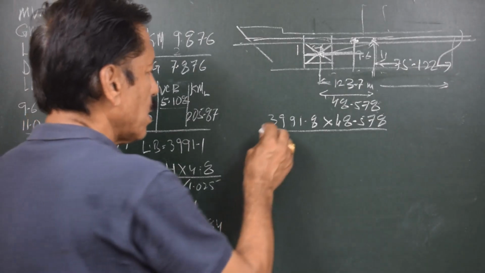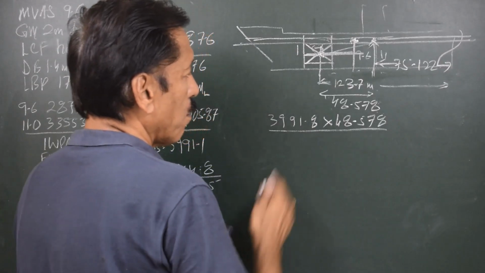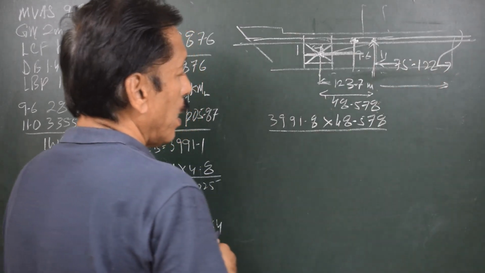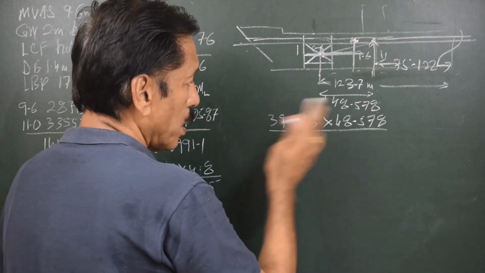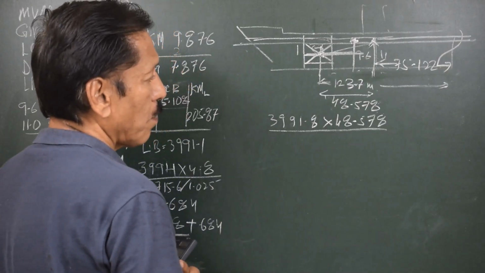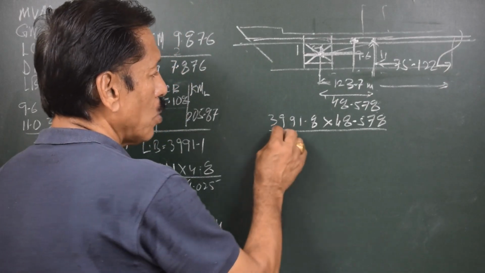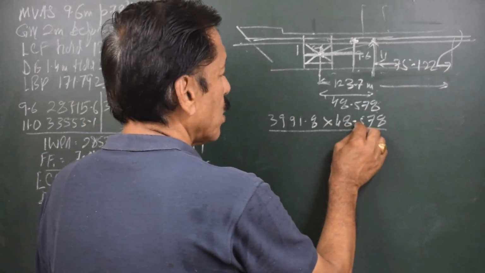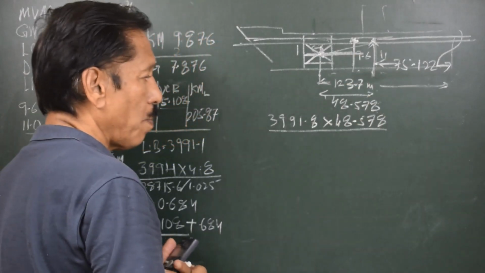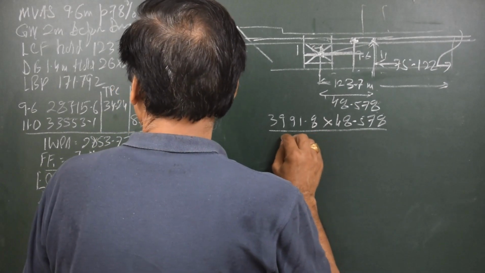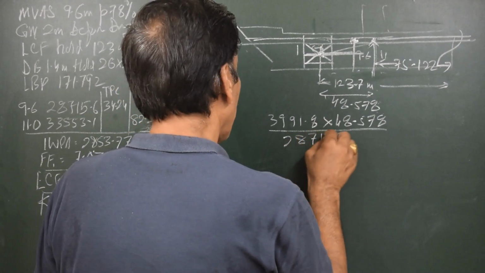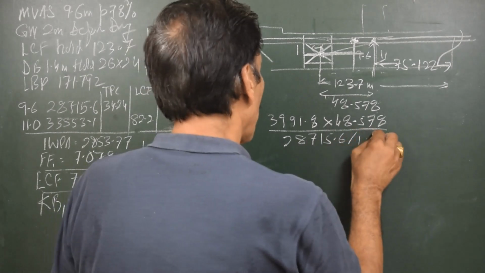So lost buoyancy multiplied by the distance to the point where the buoyancy is replenished, divided by intact underwater volume, that is 28715.6 divided by 1.025.